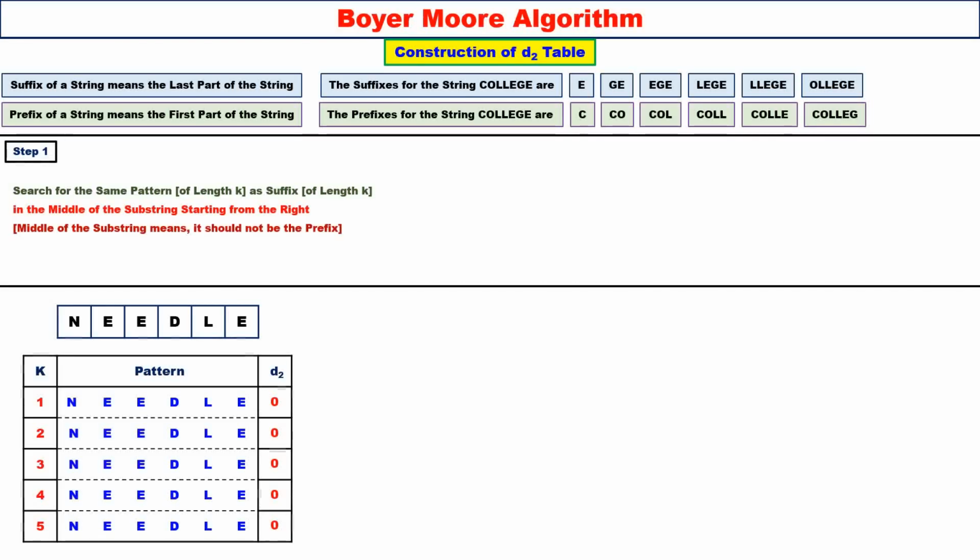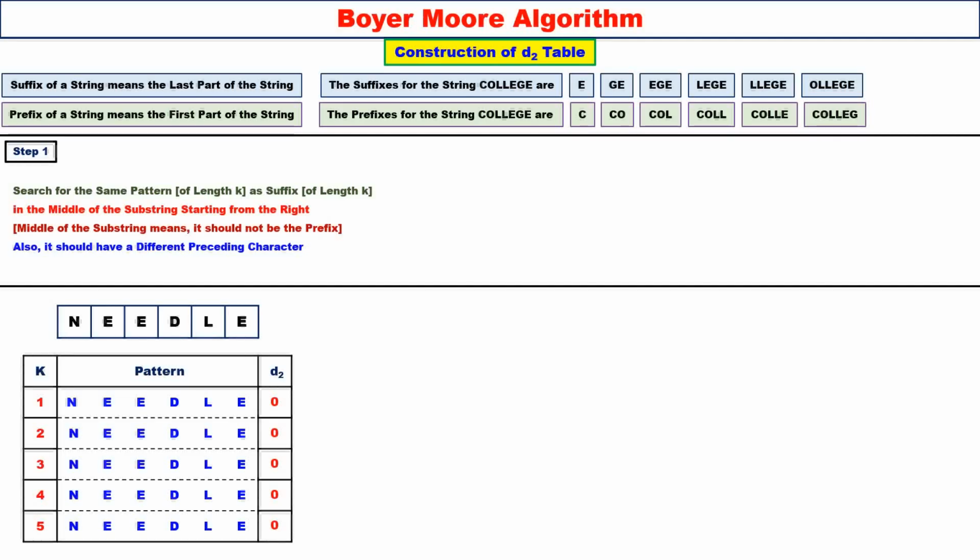Middle of the string means it should not be the prefix. Another condition is that it should have a different preceding character. So whatever suffix or pattern is there, the preceding character of both the suffix and the pattern should be different.